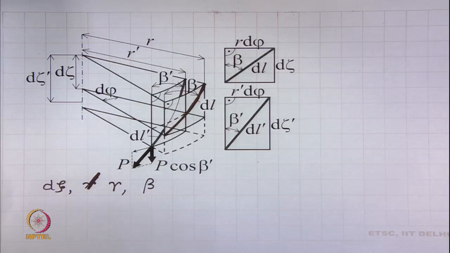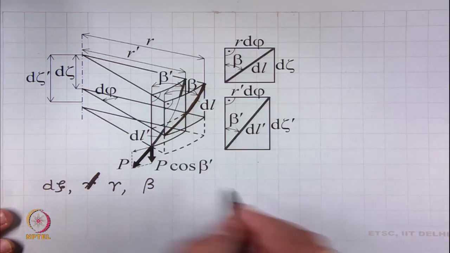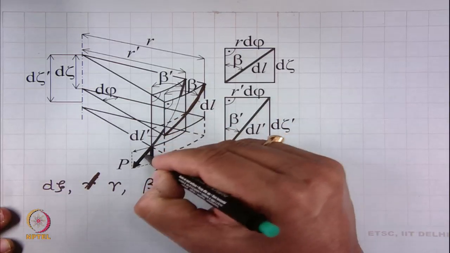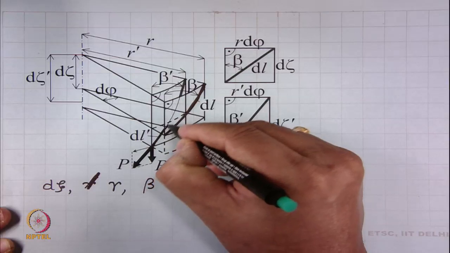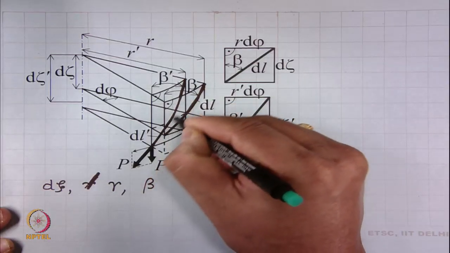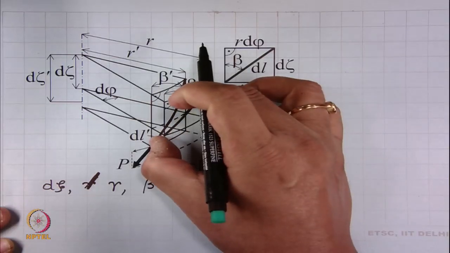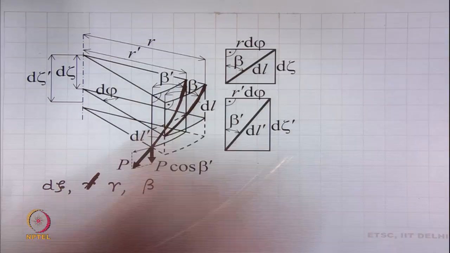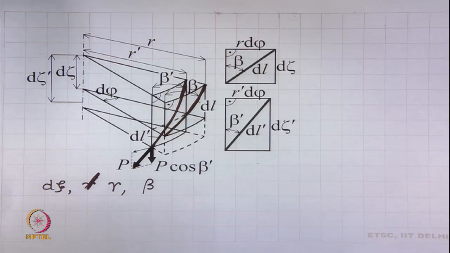Now we are applying load force to the yarn, as a result the yarn elongates. So dl prime is this length, this part you are not seeing. dl prime is the length of the fiber element after elongation of the yarn.